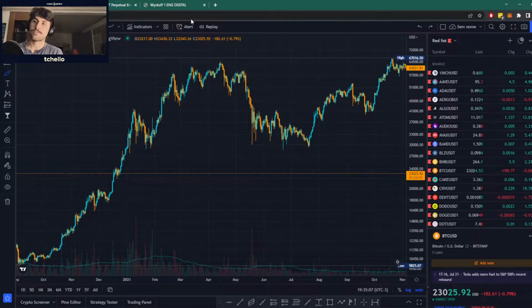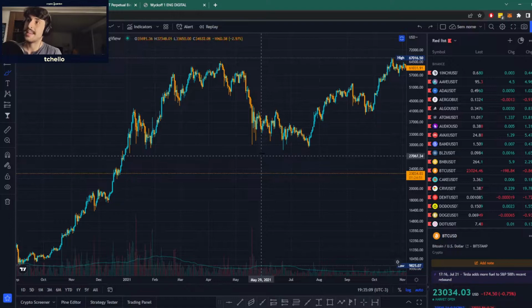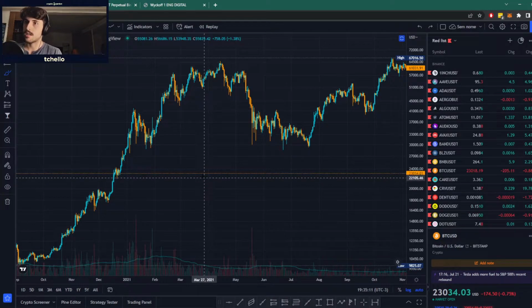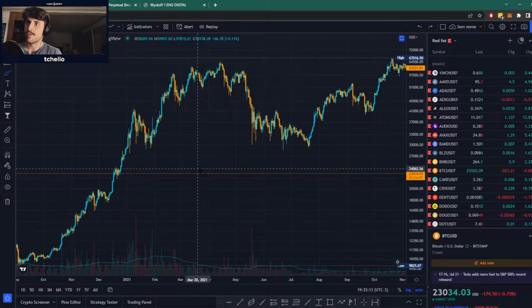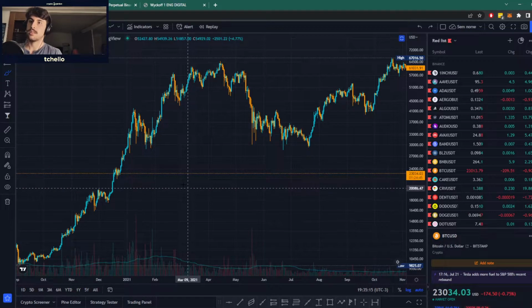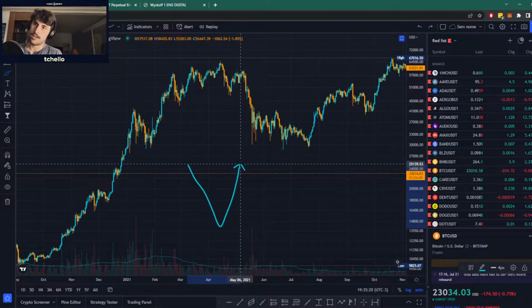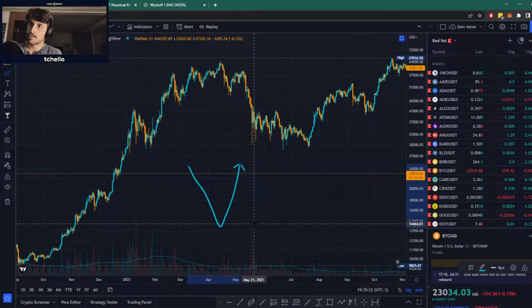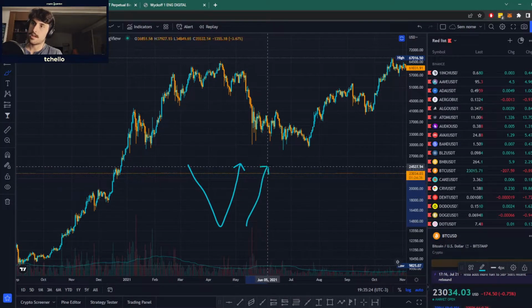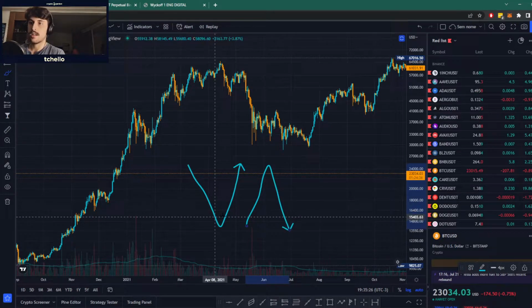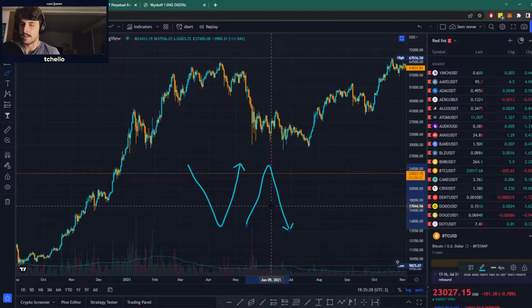So you will probably never see the market just do a V-shaped recovery or a V-shaped dump. You'll basically never see it go straight down and then straight up. Conversely, you'll probably never see it going straight up and then straight down. These are structures that you'll probably never see.